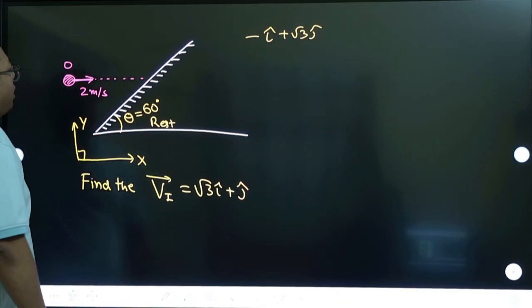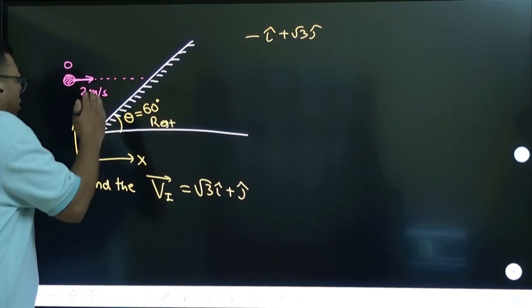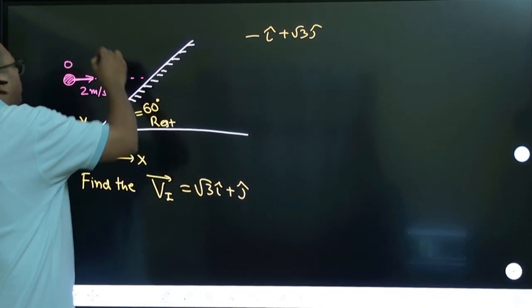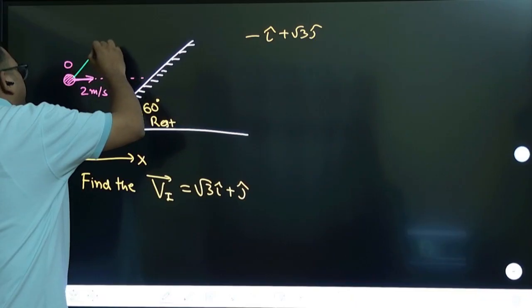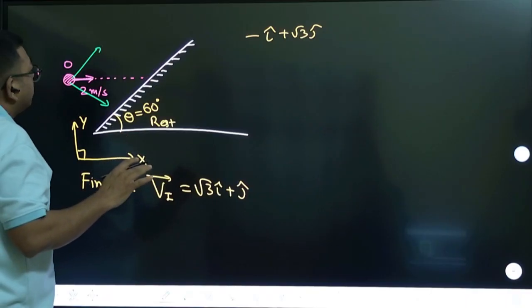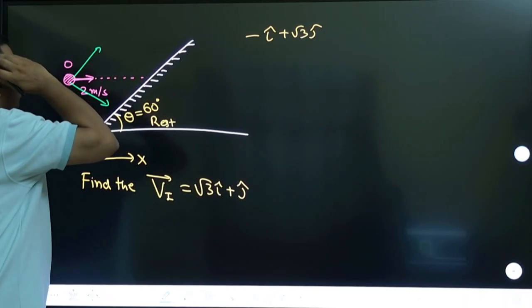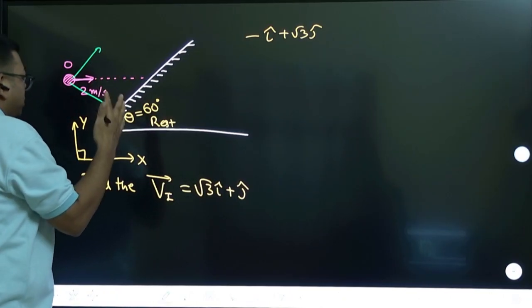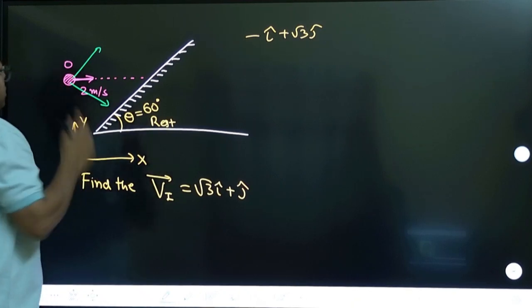So, how to approach this question? You can resolve the velocities along the parallel direction and perpendicular direction, right? That's what we need to do. The parallel component is not going to change. The perpendicular one, you have to reverse it. That's all you have to do, right?